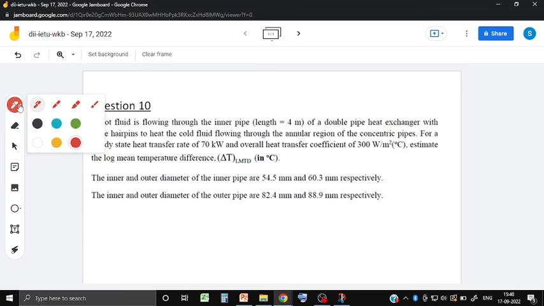Here it is a double pipe heat exchanger, so can you tell, for calculation of area, which diameter should we consider: inner diameter or outer diameter of inner pipe, or outer diameter of outer pipe?